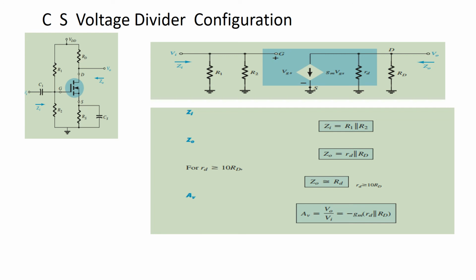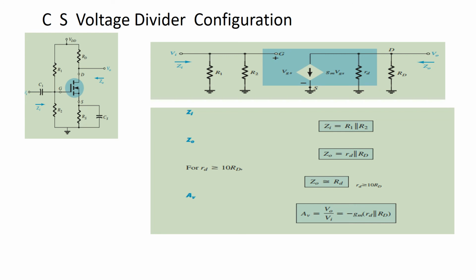So since you are providing an open circuit to the current source, your resistance is the dynamic resistance rd parallel the resistance between the drain and source. As this rd parameter is 10 times greater than capital Rd, your resistance Zo is almost equal to the drain resistance.